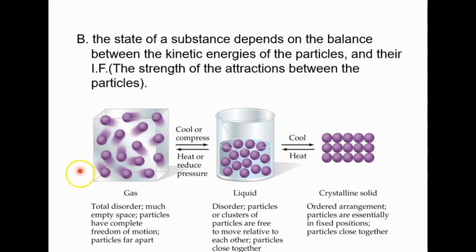So here's a gas, which has lots of kinetic energy. We compress it and maybe remove some heat, which slows the particles down, and once they don't have all that kinetic energy, their kinetic energy is less than the intermolecular forces, so the intermolecular force gets to hold them in the condensed phase.